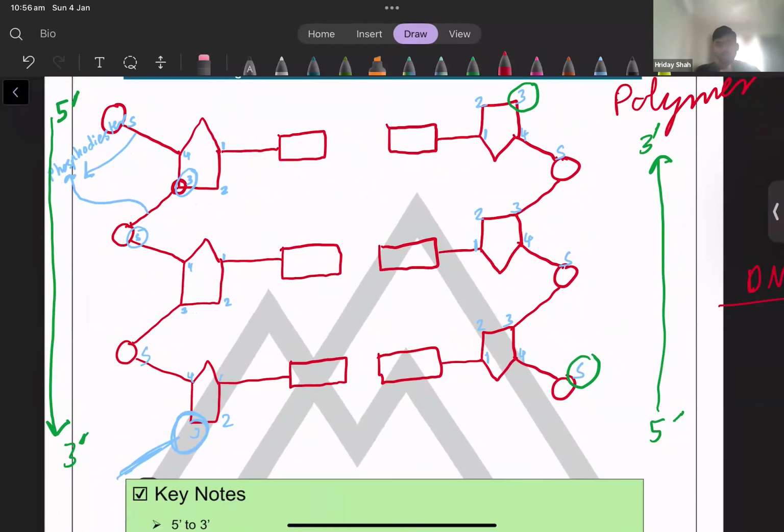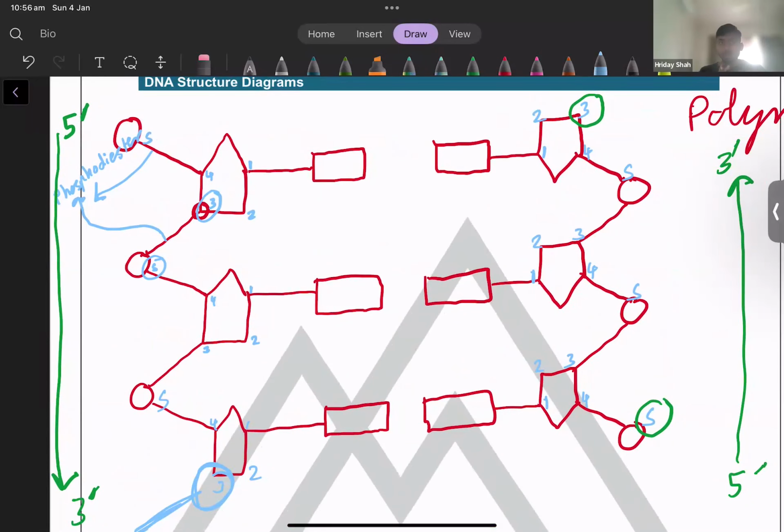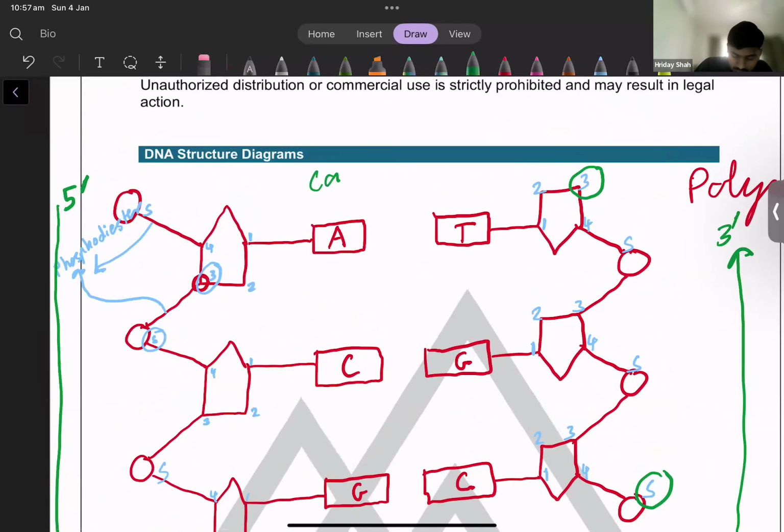So now I've finally got two strands of DNA coming together. However, we haven't connected them together yet. So what we need to draw is our last type of bonds. Now, let's say we've got A here, we've got T here. We have C here, we have G here, and we've got G here, we've got C here. So you can write C here or on the other side, that doesn't make a difference. Now we can do complementary base pairing.